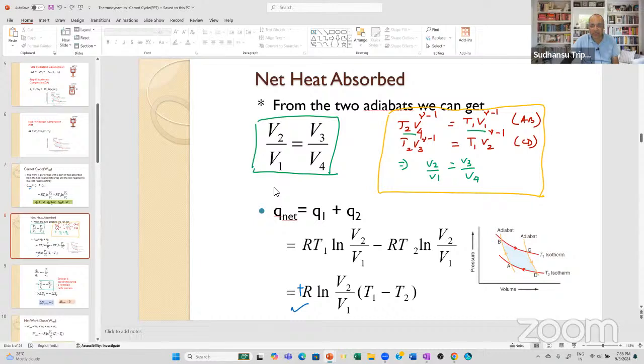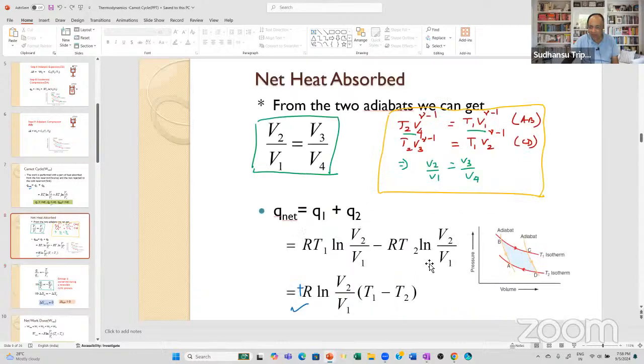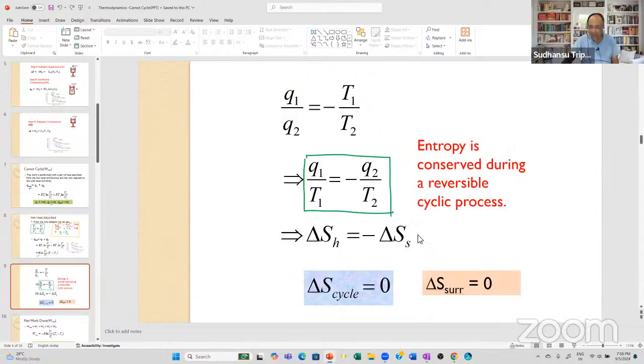Now, Q1 by Q2, if you take the ratio, this is Q1, this is Q2, and you will find this ln V2 by V1 will cancel, R will cancel, it will be T1 by T2. And if you crisscross, Q1 by T1 is equal to minus Q2 by T2.